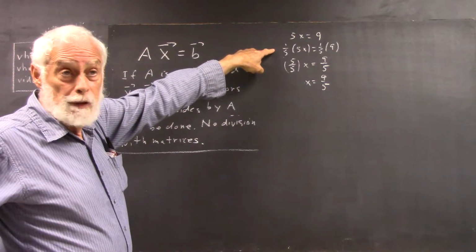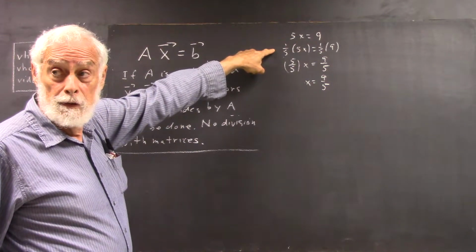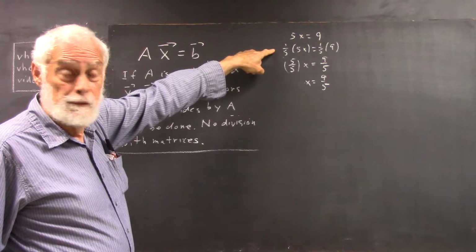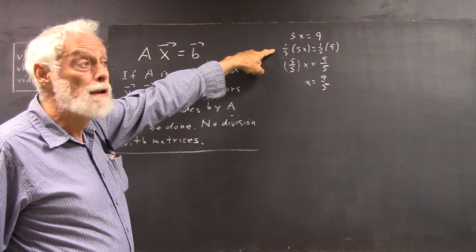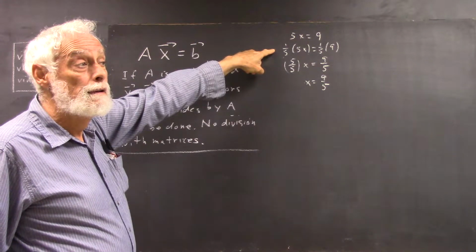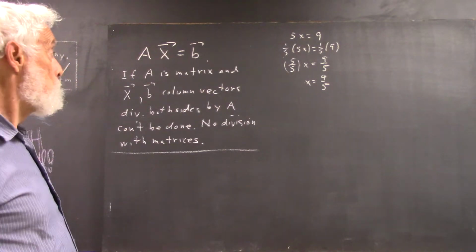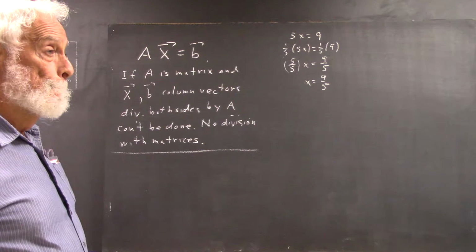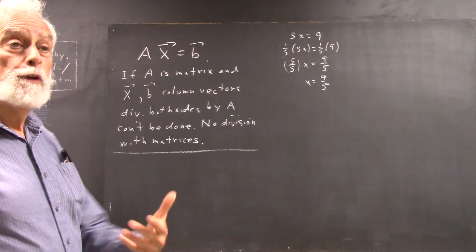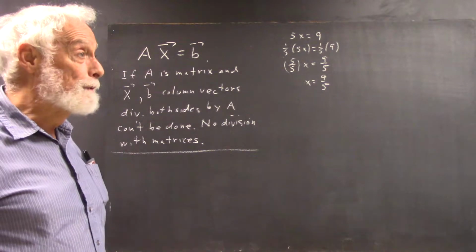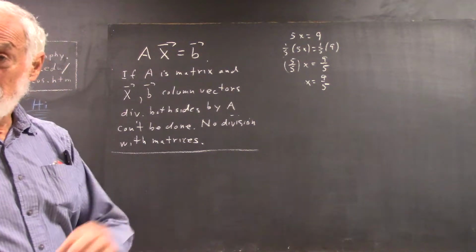What's the one number that doesn't have a reciprocal? A variable? We don't know that. So, what's the one number you can't divide by? 0. That's a number that doesn't have a reciprocal.